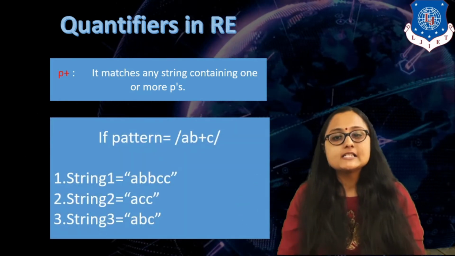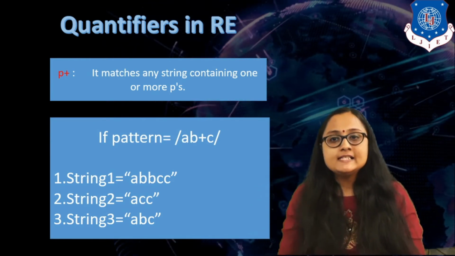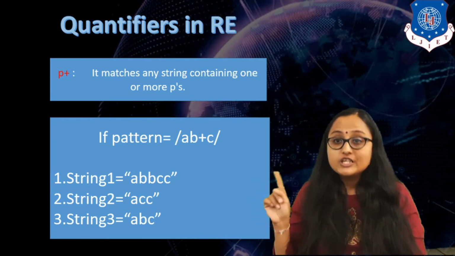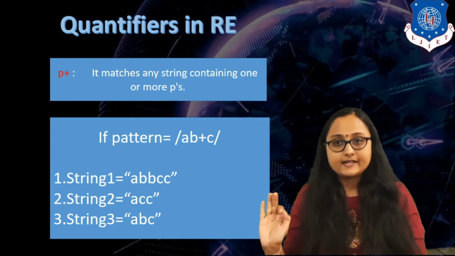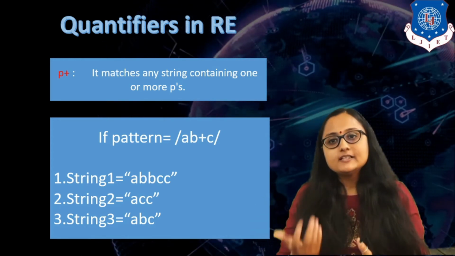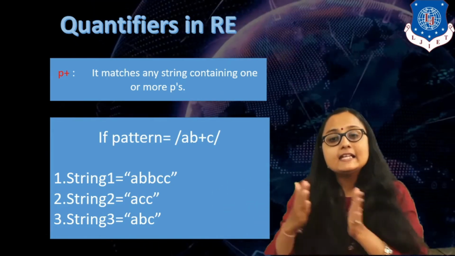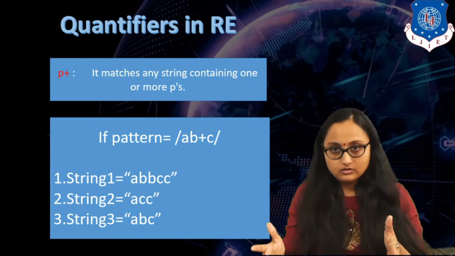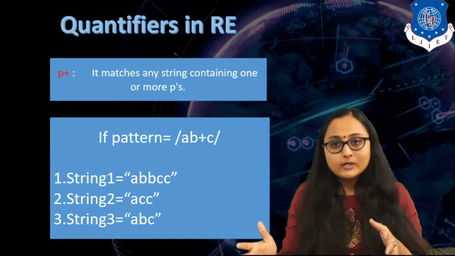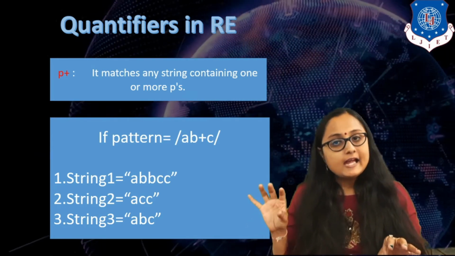Let us take an example. This is a pattern that I have created: a, b plus and c. The plus quantifier is applied to which character? Only the b character. a and c are to be present statically, for them no quantity is indicated, so there must be at least one a and one c.